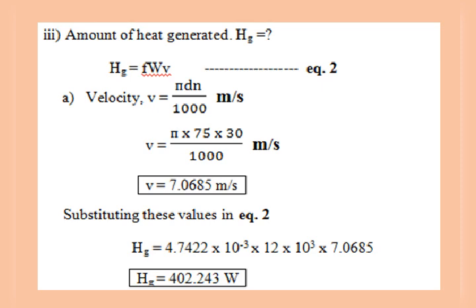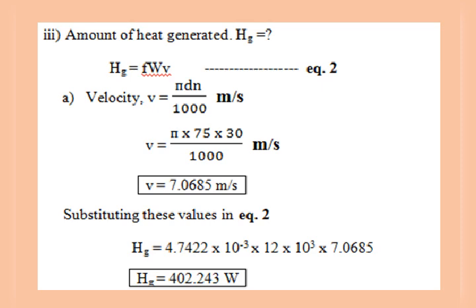Soon after getting the coefficient of friction by using Mecke's equation, we must move on to the next unknown, that is the amount of heat generated Hg. Hg is equal to coefficient of friction F W into V, call that equation number 2, since velocity is unknown.